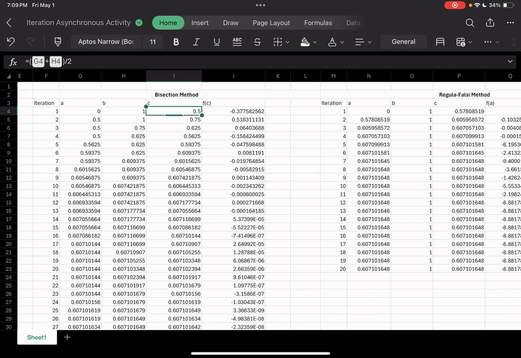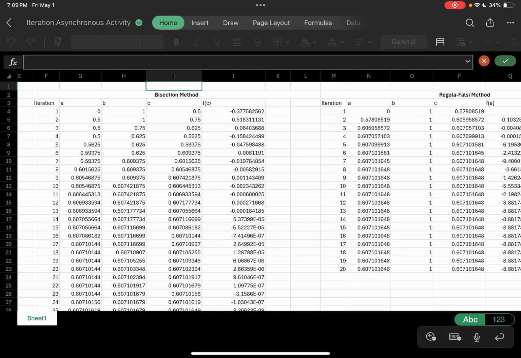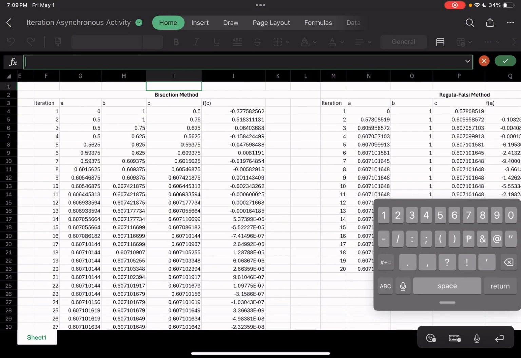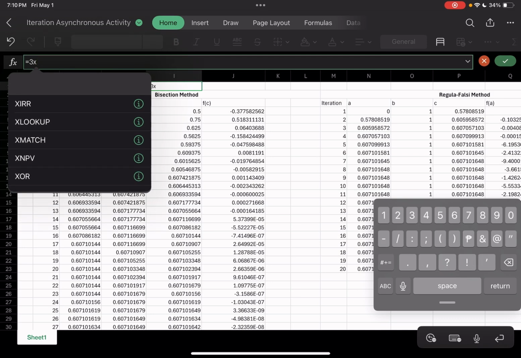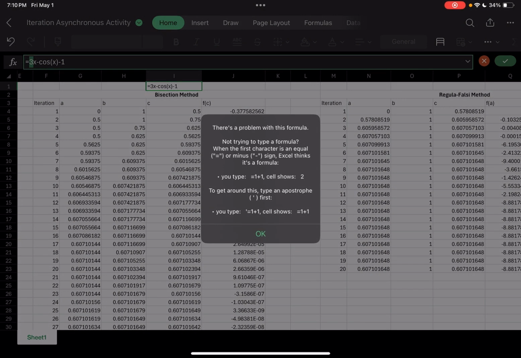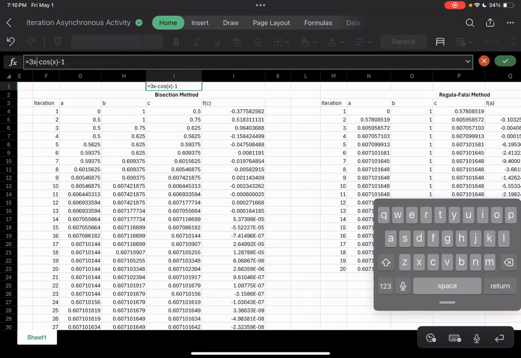Now we're going to solve for f of C. So for f of C, let me write the equation right here real quick so that we will not get confused. That would be 3x minus cosine of x minus 1.